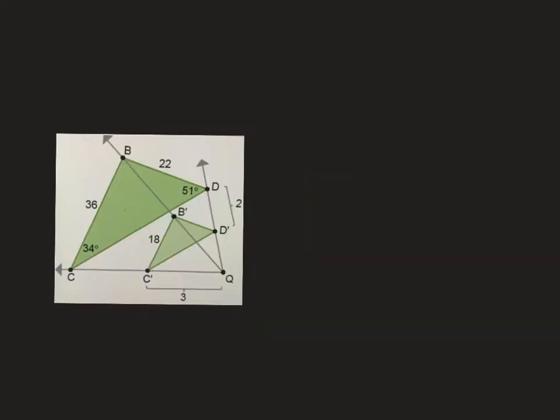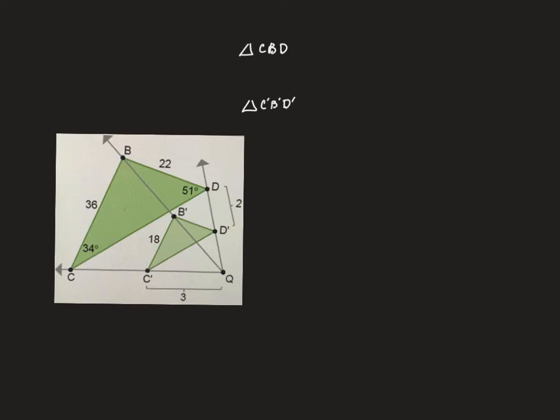Now beginning with this example, it looks like our pre-image is going to be triangle CBD, and then it looks like the other one is getting smaller. So my new image is going to be that triangle.